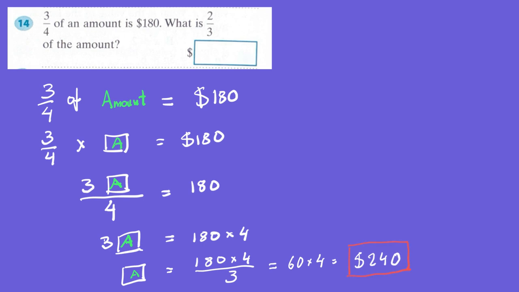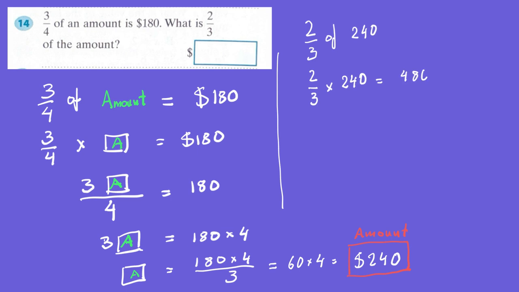So 240 is my amount. Now I want to find what is 2/3 of my amount. So let's go to the top. 2/3 of 240 means that I'm going to multiply 2/3 by 240, and that is going to be 480 divided by 3.